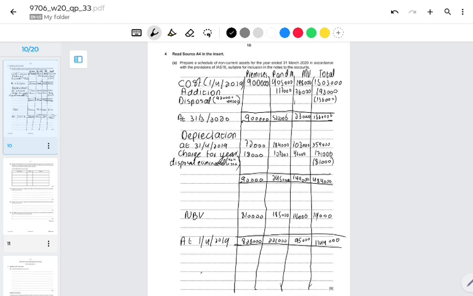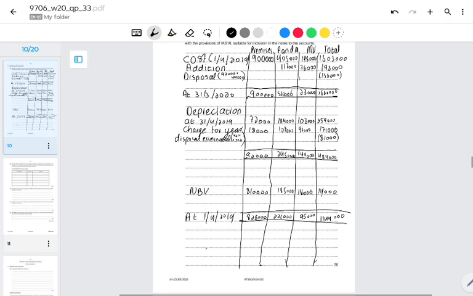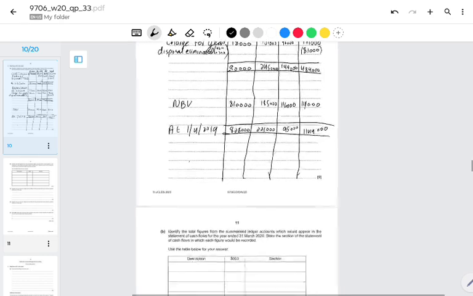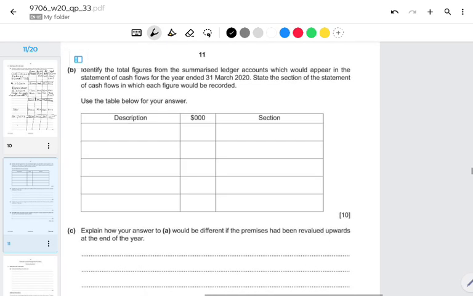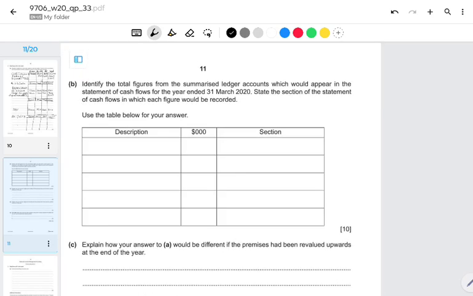If there is any mistake, you may see, but I don't think so there's any mistake. Let's go for part B. Okay. Part B says, identify the total figures from the summarized ledger account which should appear in the statement of cash flow for the year ended 31st March. State the section of statement of cash flow in which each figure would be recorded. Use the table below for your answer.